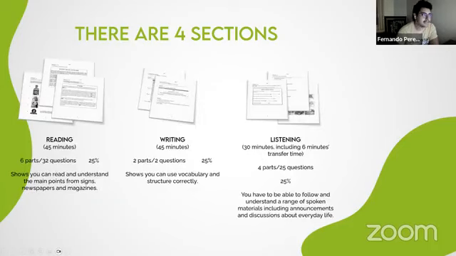These 25 questions demonstrate that you have the ability to follow and understand a range of spoken materials, similar to the videos, right? To catch the general idea of the listening, including announcements, discussions, etc.